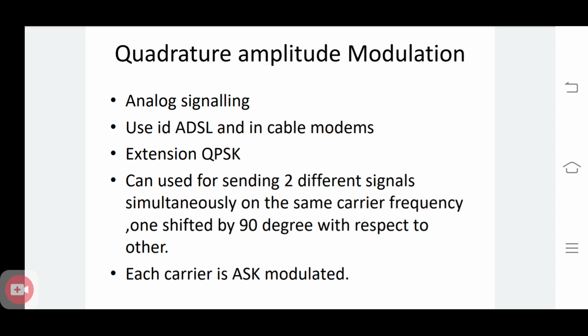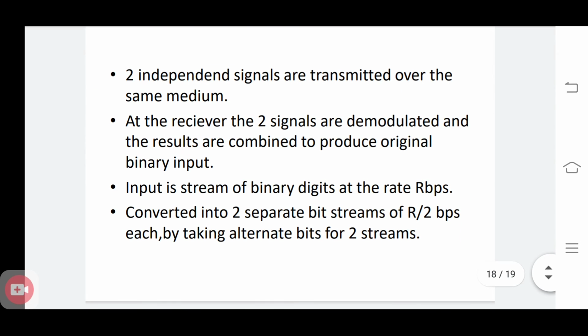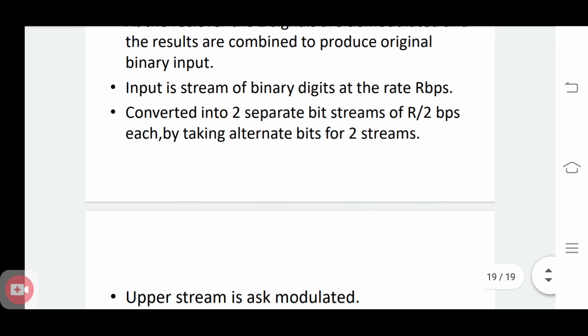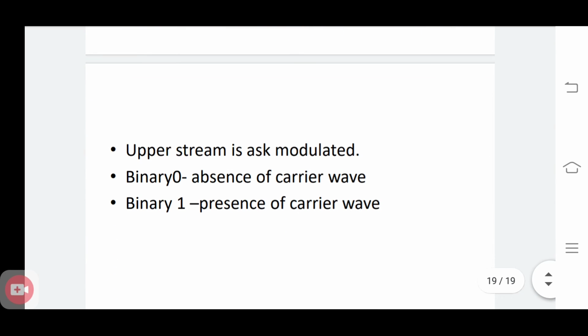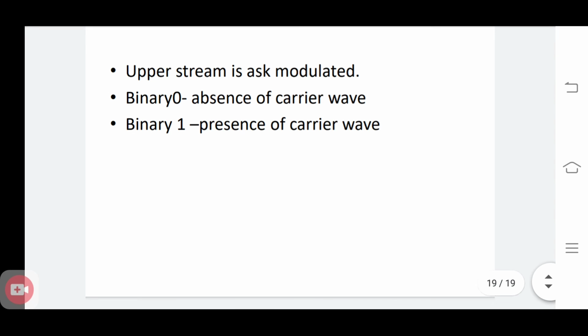So these are all about quadrature amplitude modulation. Here binary 0 is the absence of the carrier wave, and binary 1 is the presence of the carrier wave. The upper stream contains binary 1 and the lower stream contains binary 0. So these are all about digital to analog signaling mechanisms.